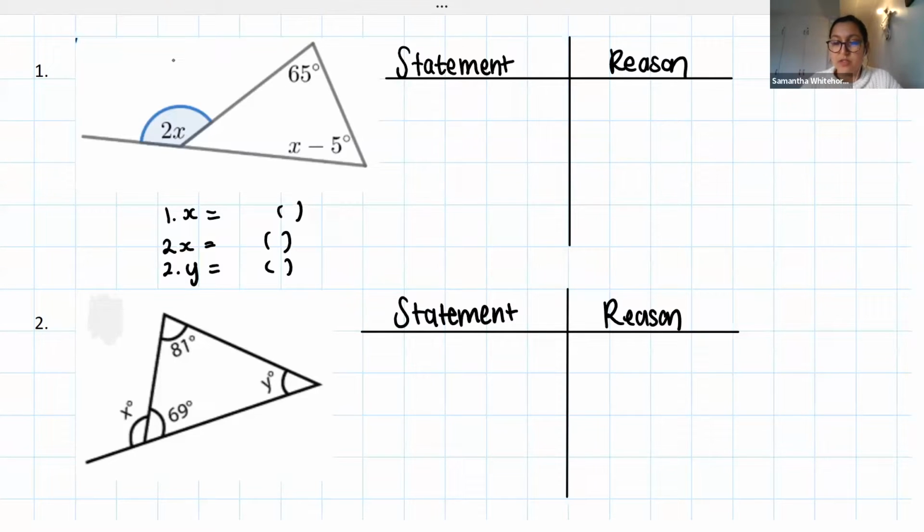You've got 2 reasons that you know, angles in a triangle and an exterior angle of a triangle. As long as it fits with what you're working with, let's give it a try.